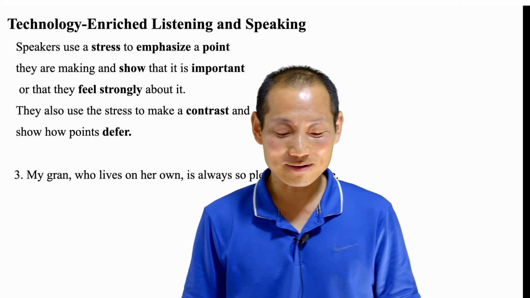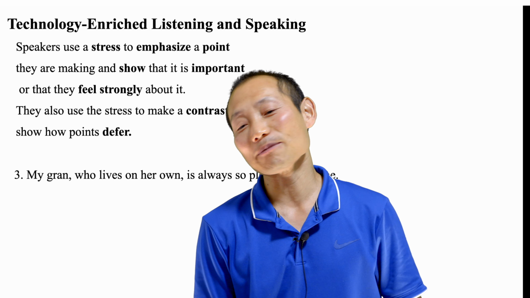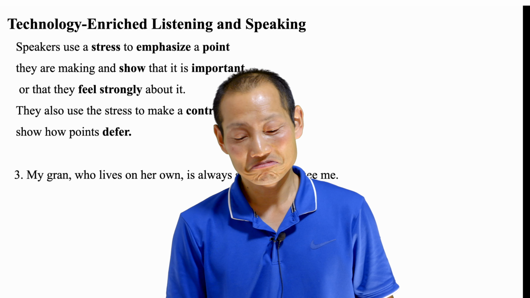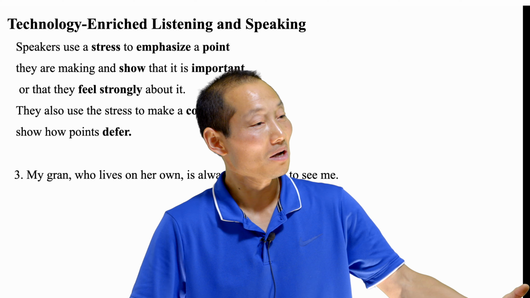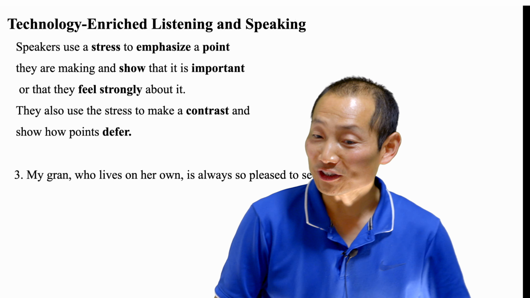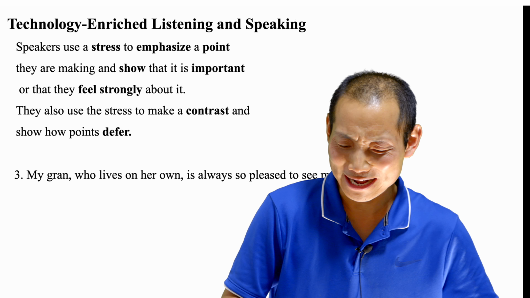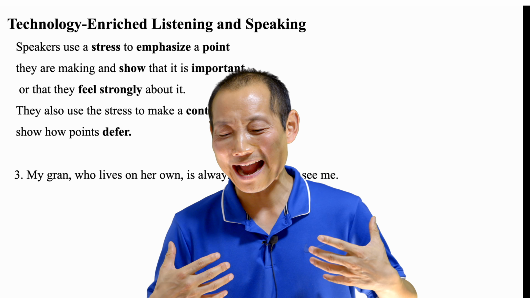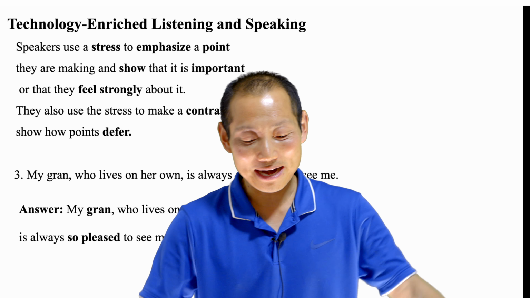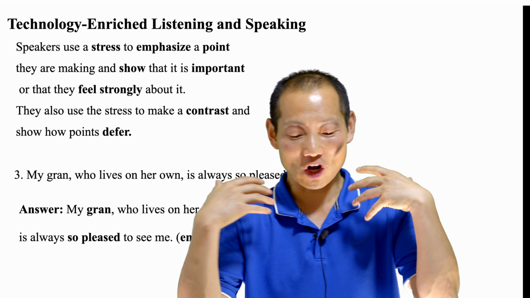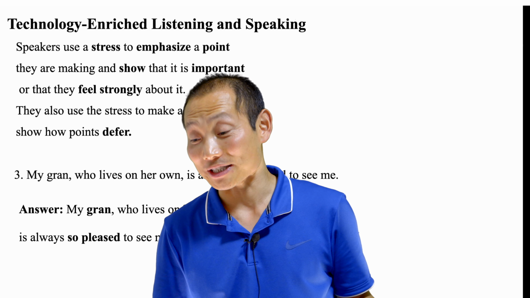Okay, let's read. My grandma, who lives on her own, is always so pleased to see me. I think both of you got some right. My grandma, who is that person? My grandma, not my dad, not my mom, not my grandpa. So let's look at the answer. My grandma, who lives on her own, is always so pleased, not so sad, to see me, right?